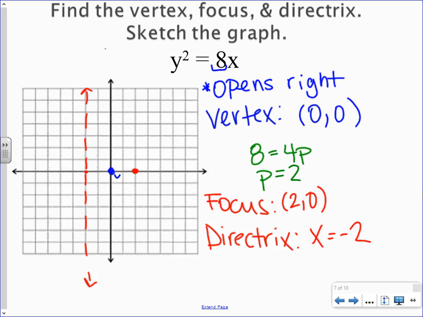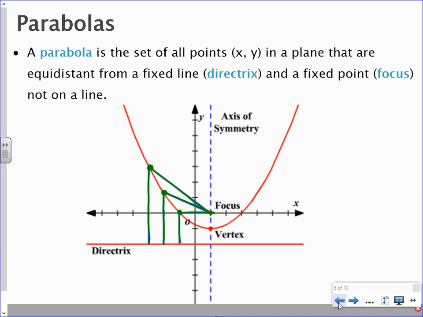Let's use the fact that any point on our parabola is the same distance from the directrix as it is to the focus. Now, on every parabola, there will be a coordinate, like this one, whose equidistant measures are perpendicular.